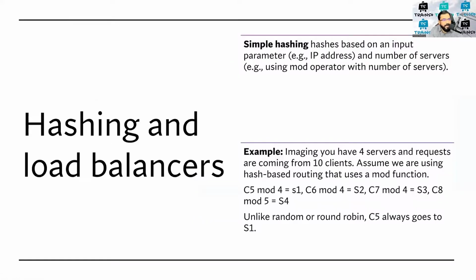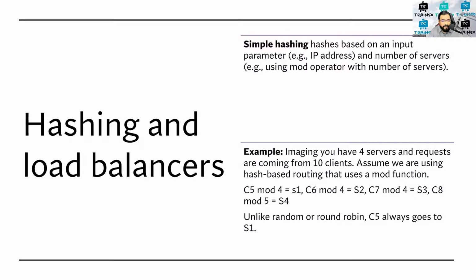With a simple hashing mechanism, the hash is based on an input parameter, for example the IP address, and the number of servers. It will convert that IP address into a number, and that number can be modded with the number of servers. For example, imagine you have 4 servers and requests are coming from 10 clients.